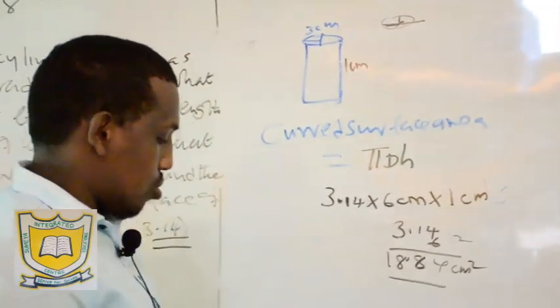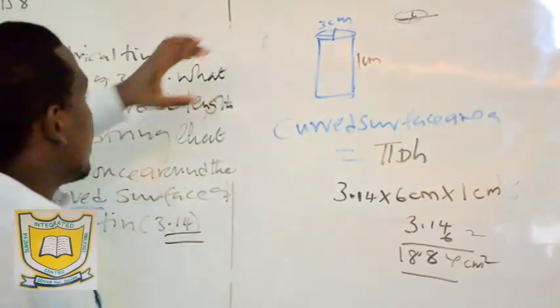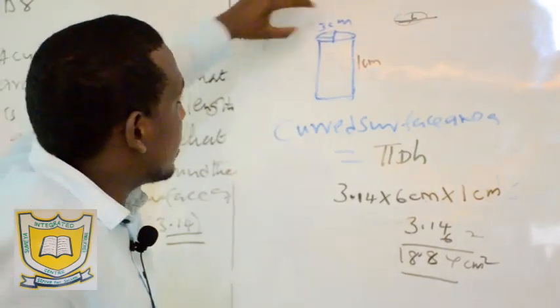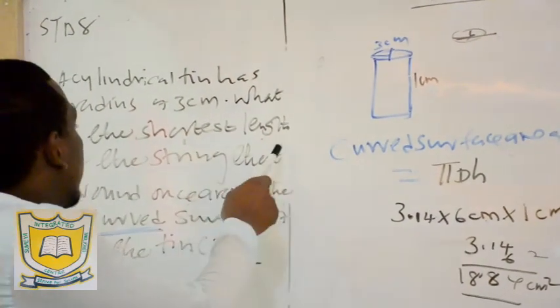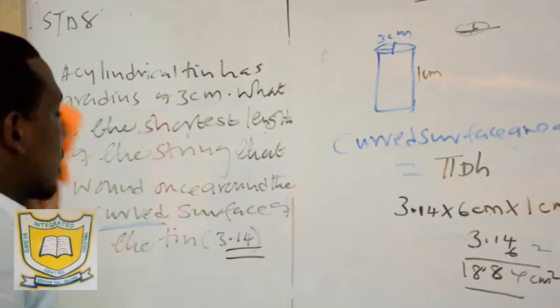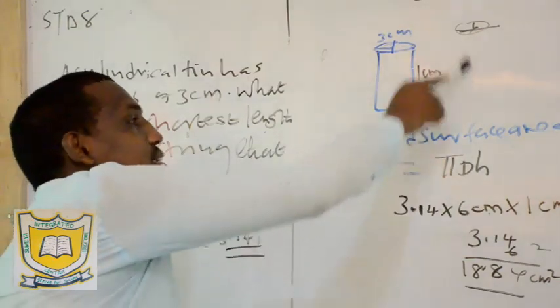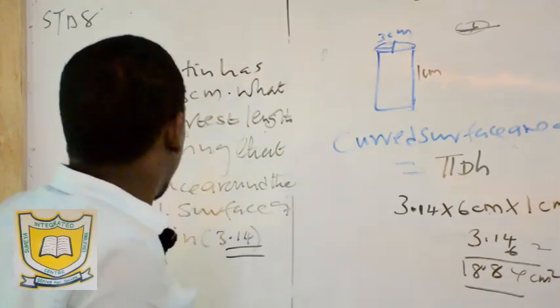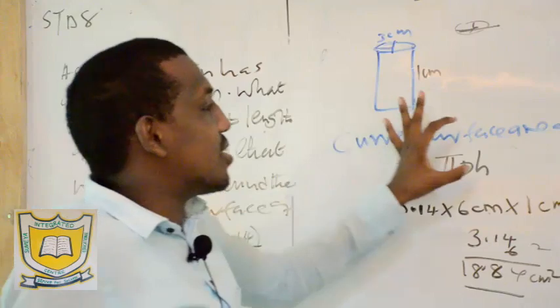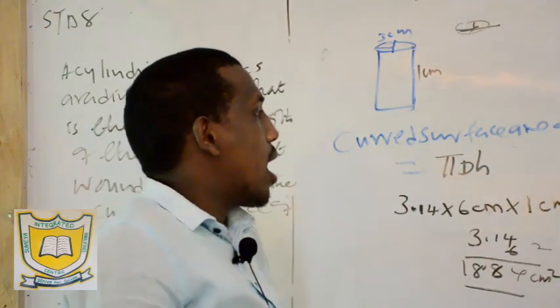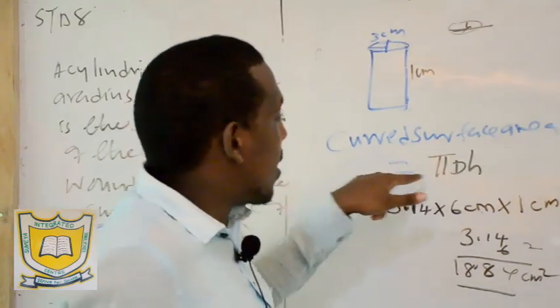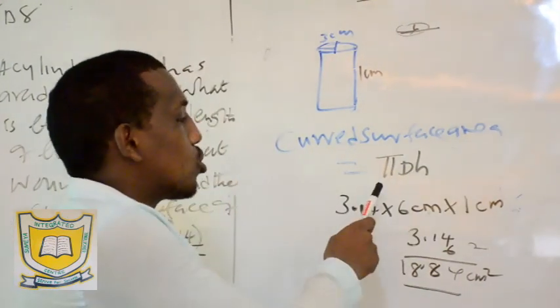So you are told they say this is a cylinder, it has a radius of 3 centimeters. And then they asked, what is the shortest length of the string that can be wound around the curved surface, the curved part. So the keyword is curved. We shall be learning curved surface area when we go to surface areas. The formula is curved surface area equals pi d h.